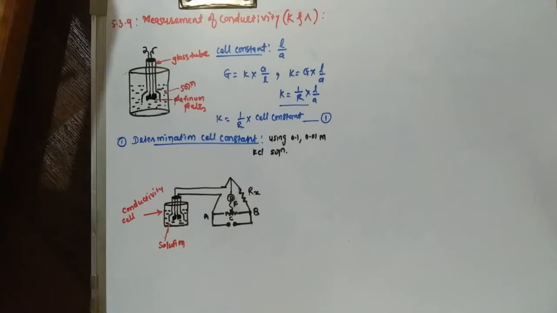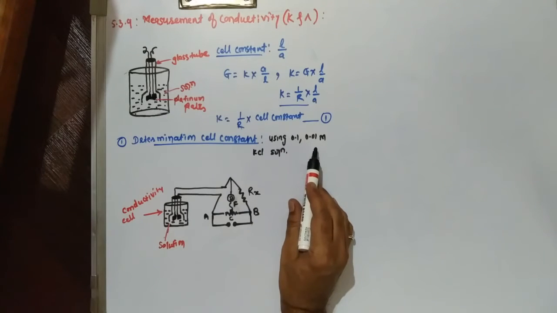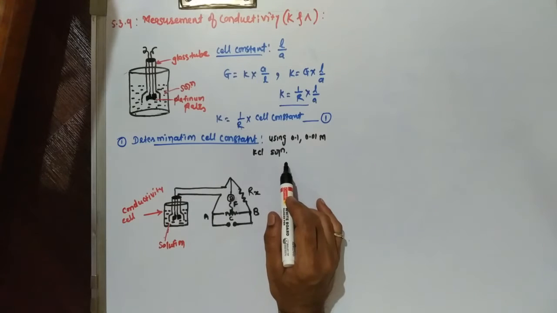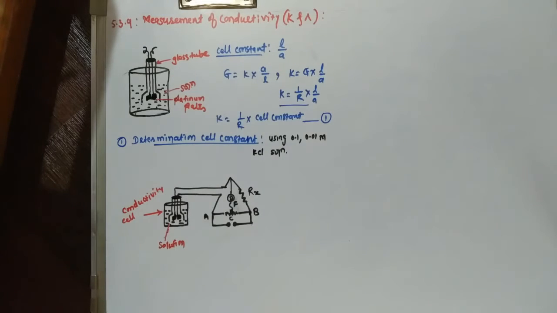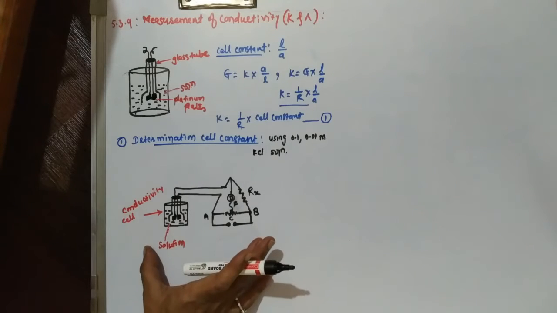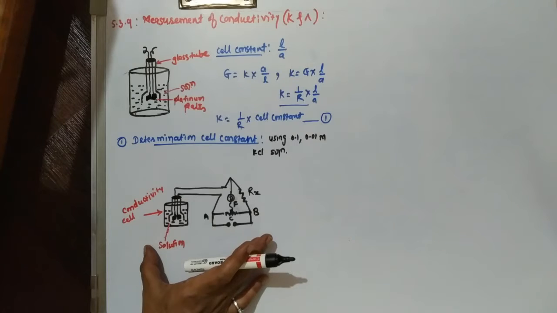Now see the first step, determination of cell constant. The cell constant is determined by using 1 molar, 0.1 molar, 0.01 molar KCl solution as a standard. The resistance of KCl solution is measured by the Wheatstone's bridge experiment. So this is the setup of the Wheatstone's bridge experiment.